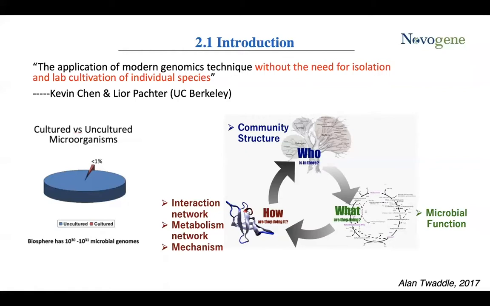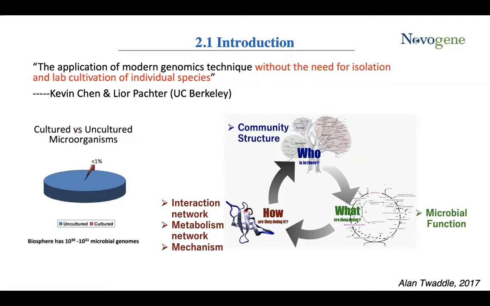As we know, our biosphere has 10 to the power of 30 to 10 to the power of 31 microbial genomes, and less than 1% of them could be cultured. We also know that during the isolation, there might be some species lost when applying different kinds of species enrichment. And when doing the cultivation, it is highly possible that we would introduce bias due to the culture media preferences.